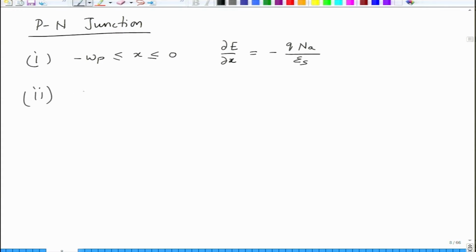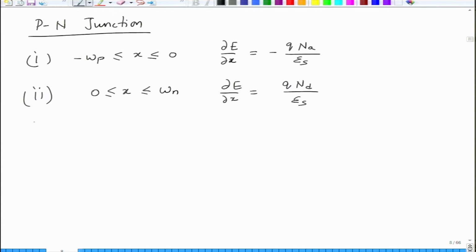For the region on the n side, x between 0 and Wn, it would be del E upon del x being equal to Q Nd divided by epsilon S, by the same analogy, right. On one side you have positive charges, on the other side you have negative charges.